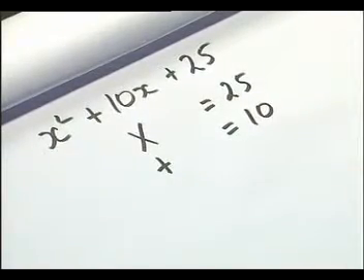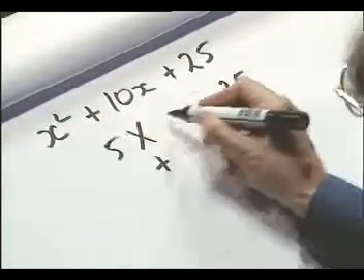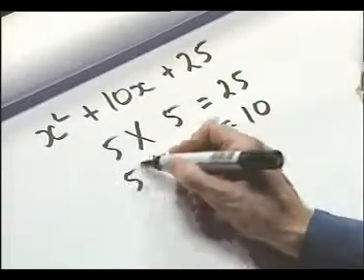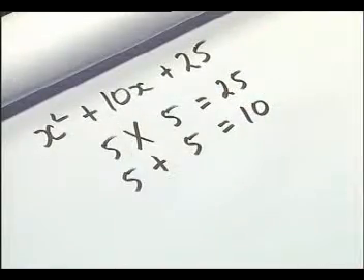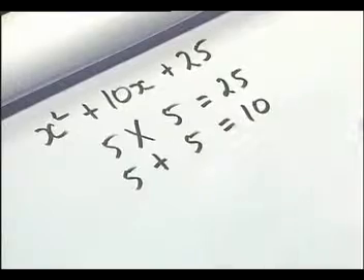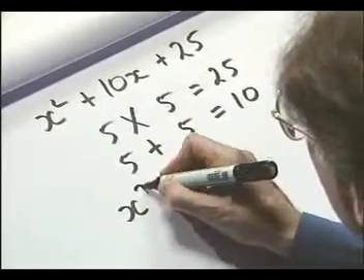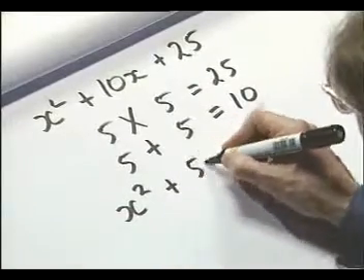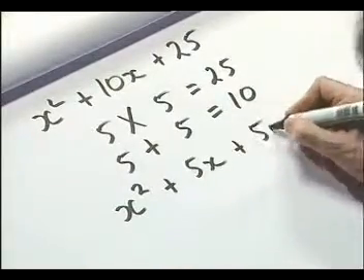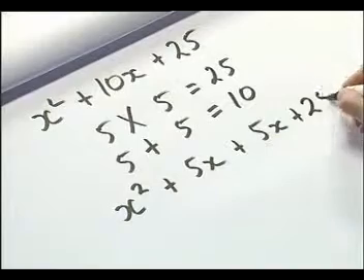The obvious choice for that is 5 and 5. 5 times 5 is 25. 5 plus 5 is 10. So we break that middle term down: x squared plus 5x plus 5x plus 25.